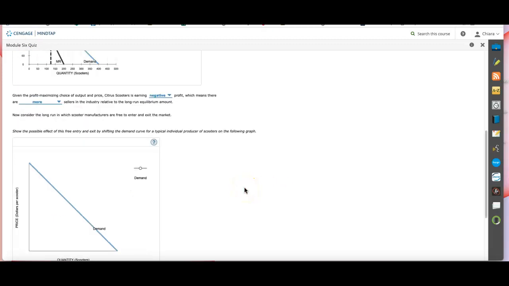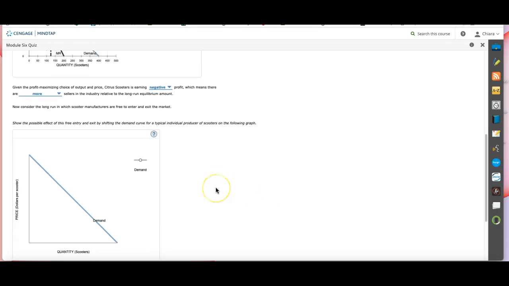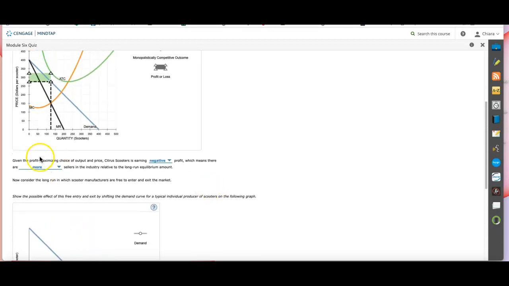So in the long run, I thought this was a little tricky in the sense that when we enter and exit the market, there's going to be an increase in the number of sellers, right? Or a decrease in the number of sellers if companies exit the market. And so that increase and decrease in the number of sellers would cause the supply curve to shift for the market.